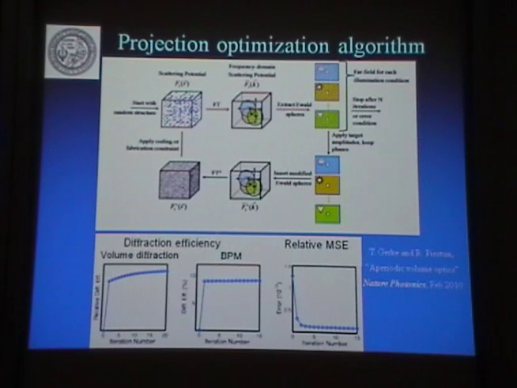This is calculated with the beam propagation method. This is with volume diffraction. And the mean square error also. You get, in the first iteration, great improvement, and then slowly asymptotic. And you can see you don't get to 0. You don't get to 0 because with this number of pixels, it might be impossible to do it to 0, but you get pretty close.